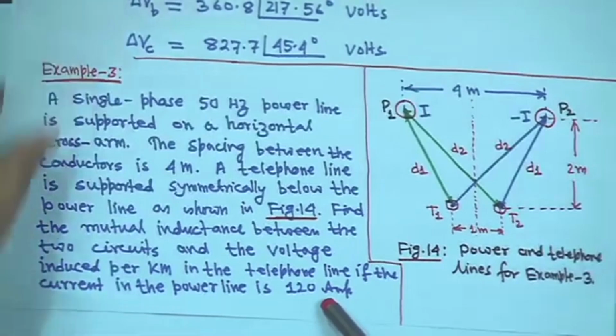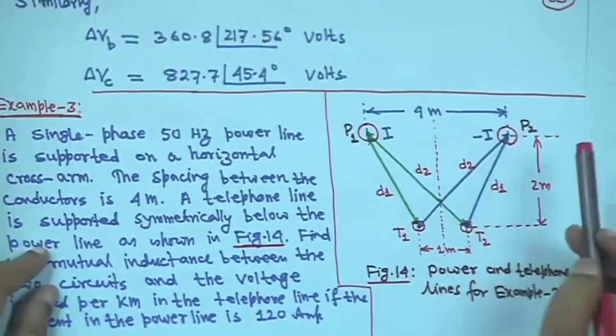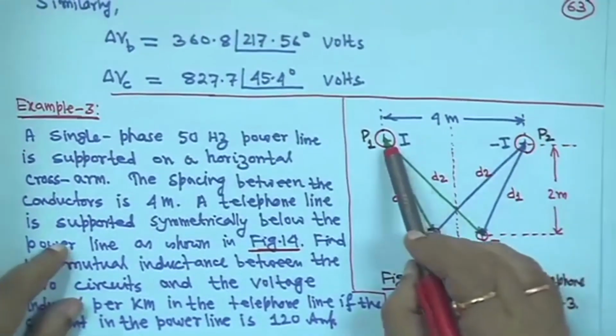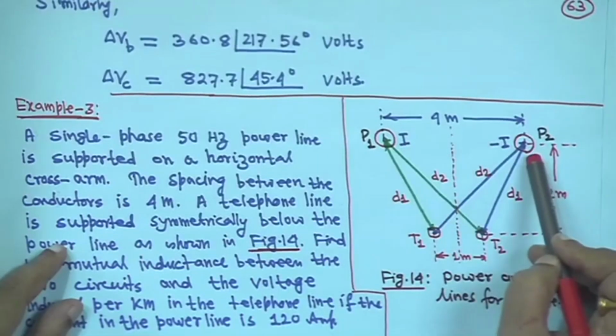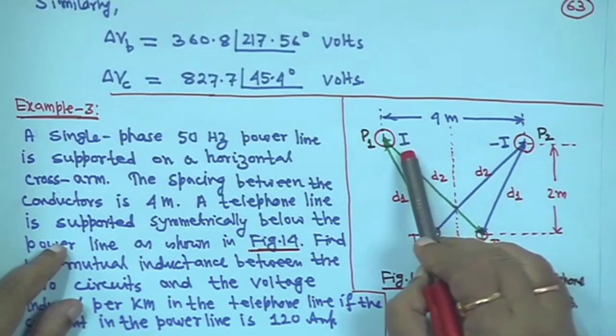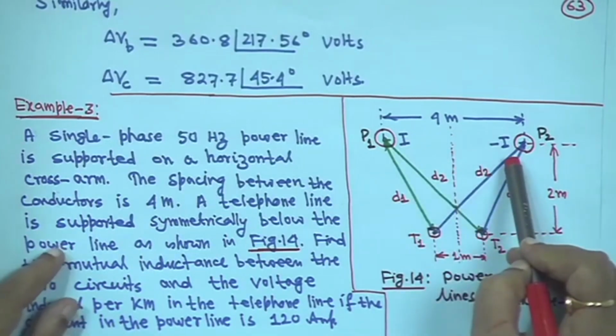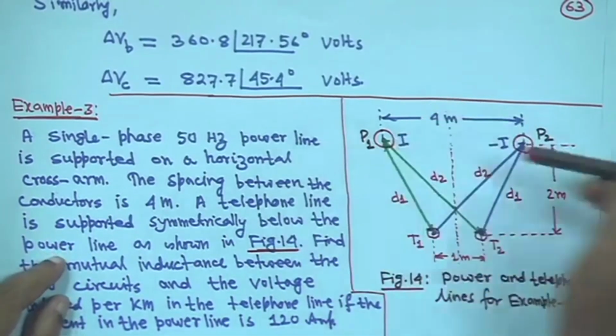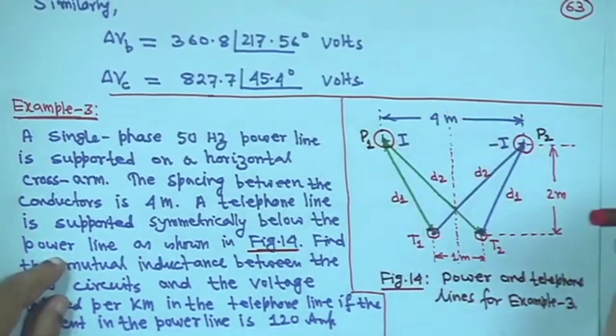Now, assume it is a single phase line. So, these are 2 conductors, this is incoming, this is outgoing, that is why the current here is I, here it is minus I, right. That means one is going into the page, another is leaving the page, this is the convention.